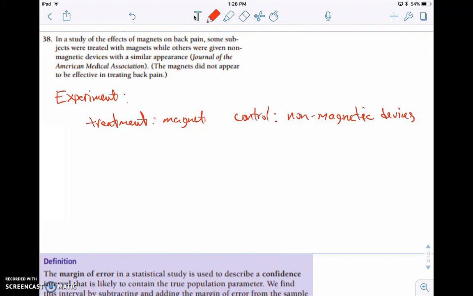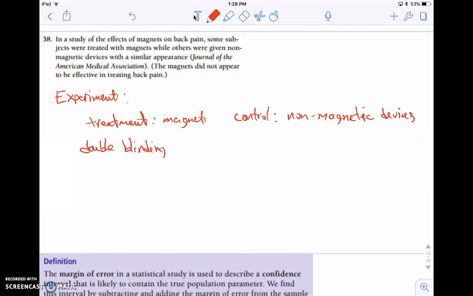And so then, would it be appropriate here to do a single blind or double blinding? In this case, it would be very appropriate to do double blinding, because if the individuals who are administering the treatment knew that one was magnetic and the other was not, they may not take the magnet as seriously.